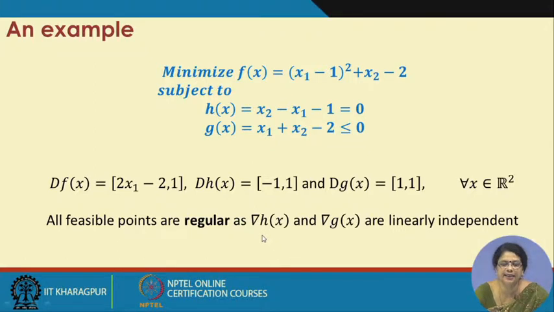And here another thing we can check, that we know all the feasible points are regular if grad h and grad g are linearly independent. Now, this thing also we can check very easily. We have grad of h, this one, grad of g is this one, we can check both are linearly independent. That is why these are the regular points. Okay.